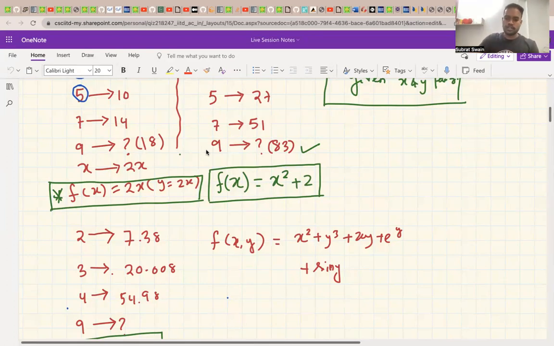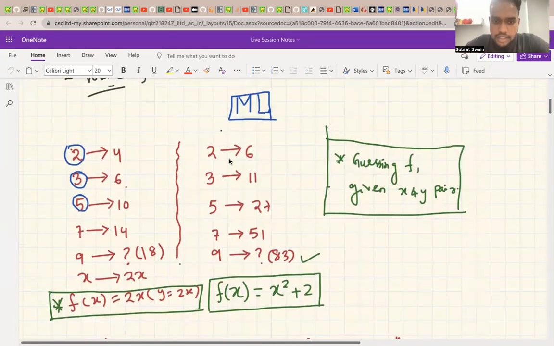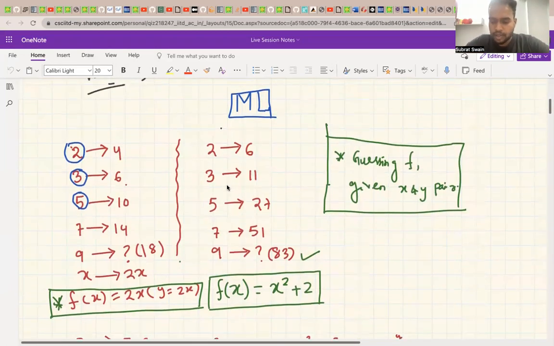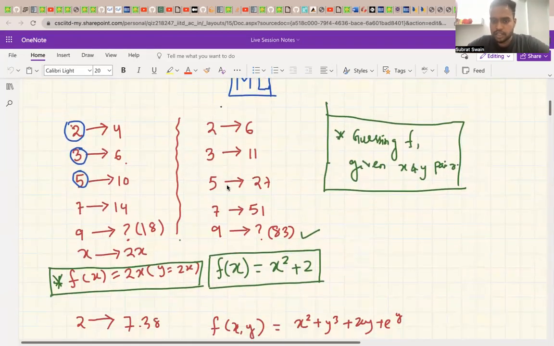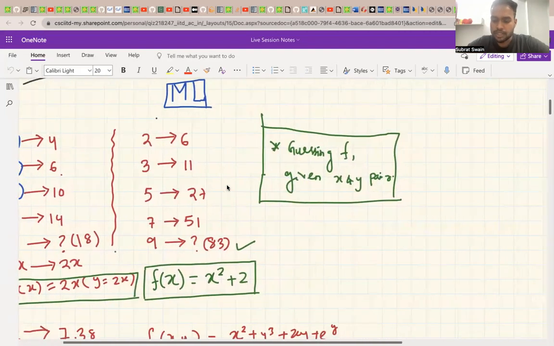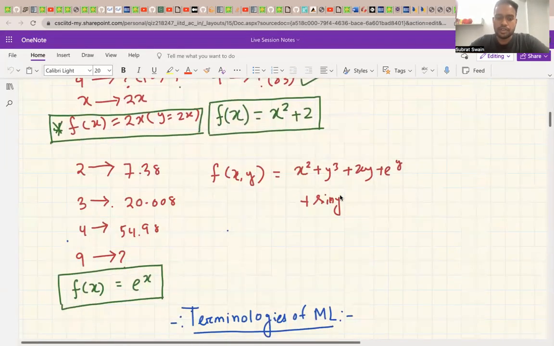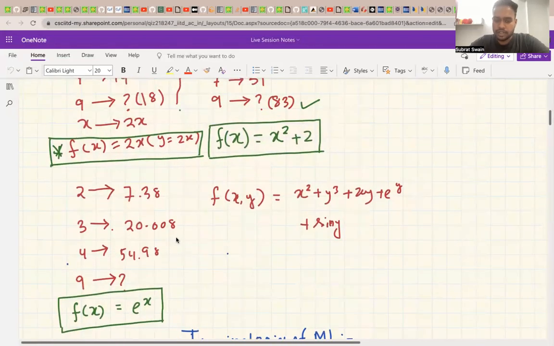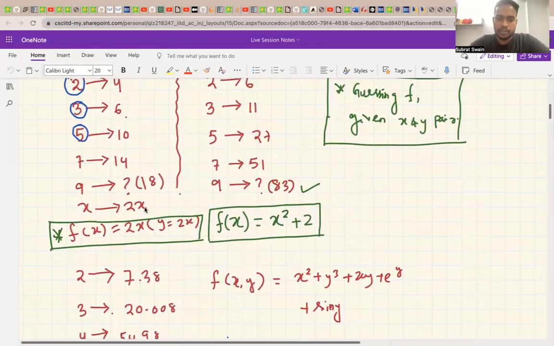Okay. So last class we started with machine learning, and we progressed it. Machine learning is basically the task of guessing, given x and y pairs, and we move forward with it, and we sort of tried predicting these functions.